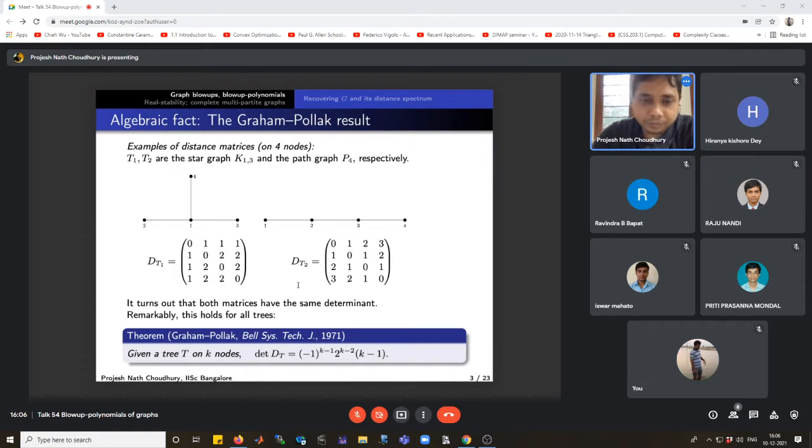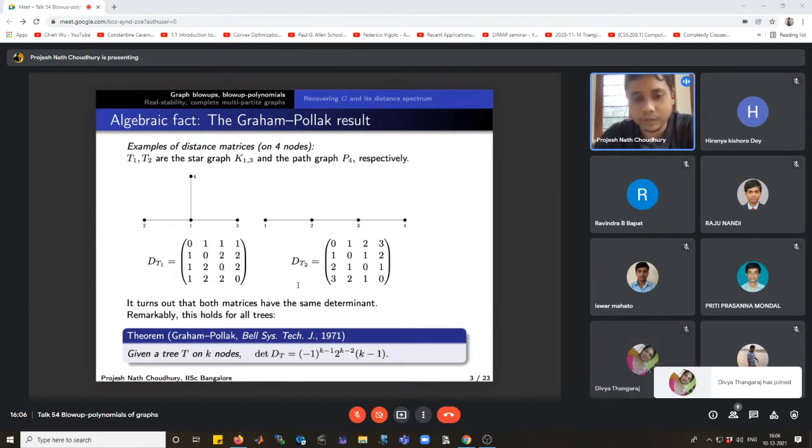And this is a very remarkable result. So this provided us our first goal. We want to find other families of graphs for which the determinant behaves nicely. I will explain the term nice in the next slide.